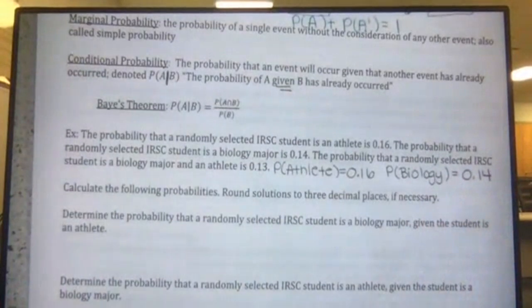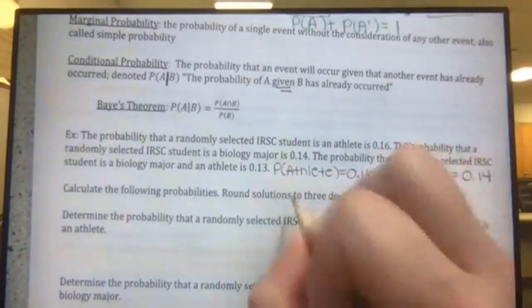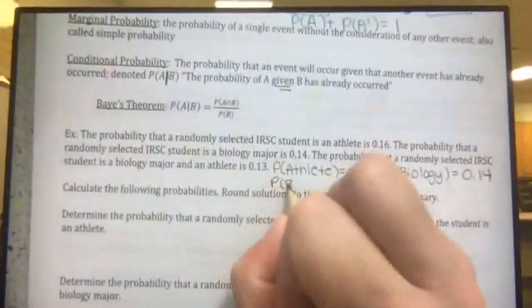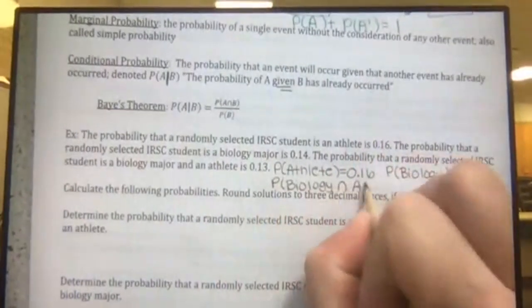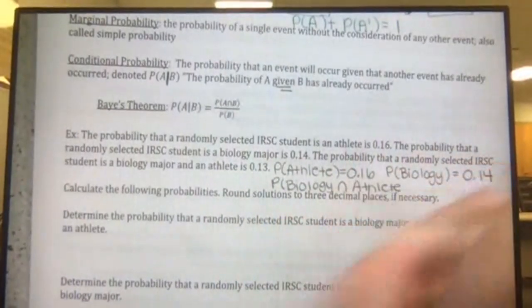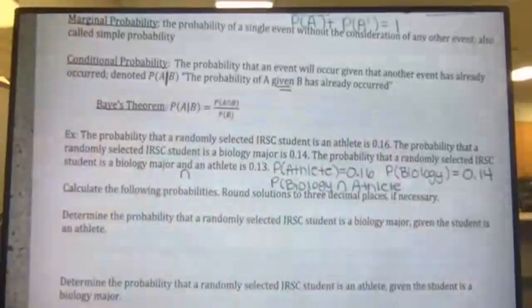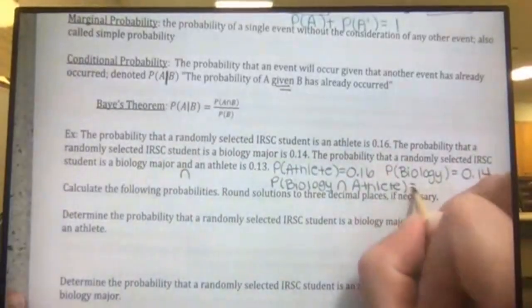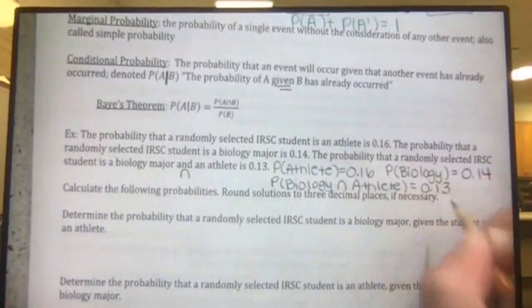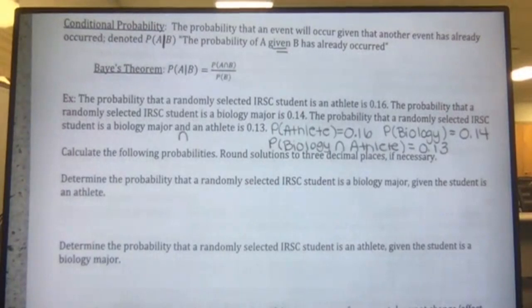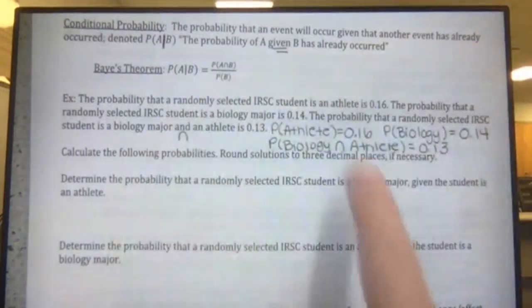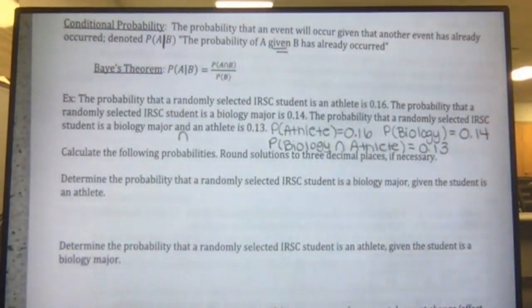And the probability that a randomly selected IRSC student is a biology major and an athlete, so both, so probability of biology and an athlete, remember that word and is like our upside down U, is 0.13. I just like to be super organized, so instead of reading through that whole paragraph, I like to say, okay, this is what the paragraph gives me. And that way I don't have to go rummaging through it. I know exactly what information is given.